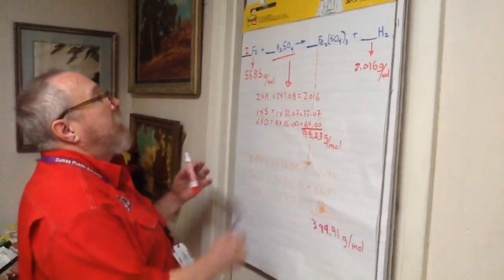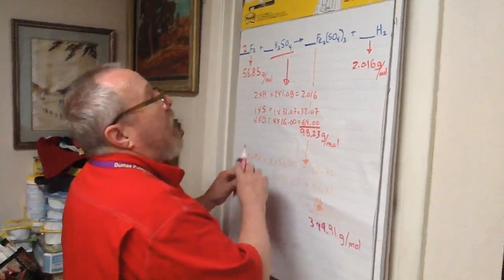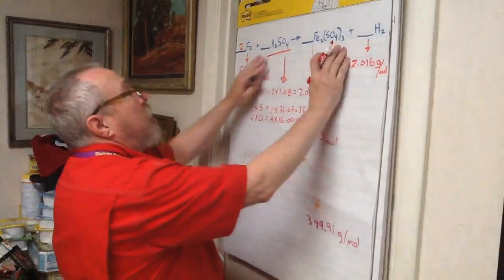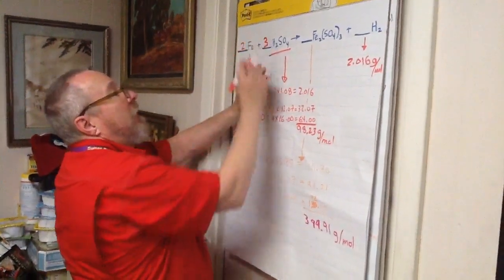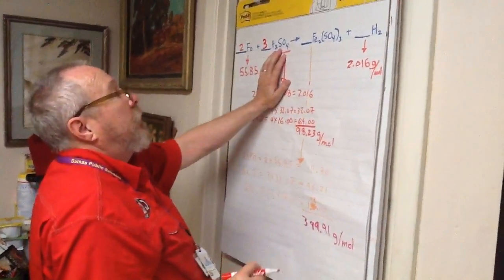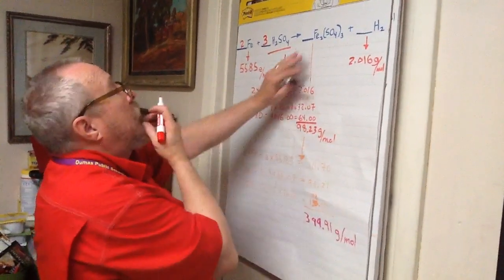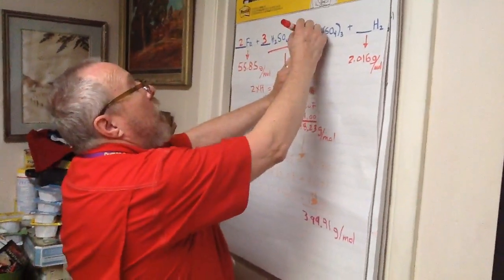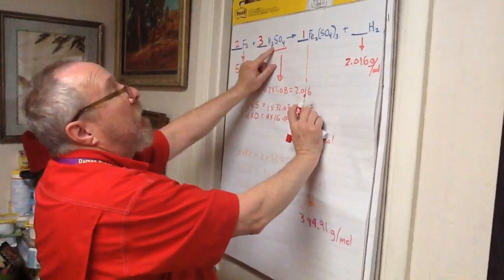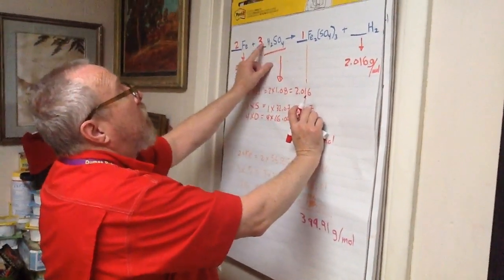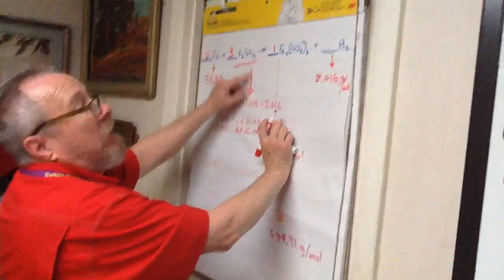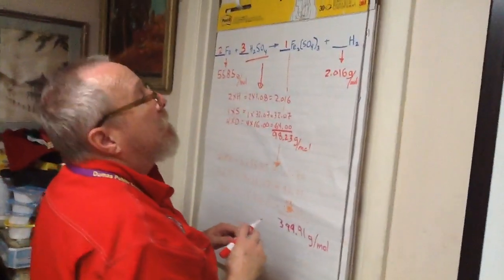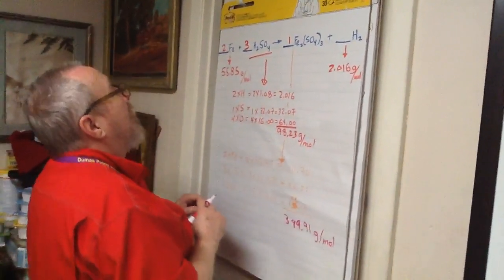So, but I knew that I need 3 of these sulfates, so let me try 3 of those sulfuric acids. Now that would result in 1 of these, but look what I have. 6 hydrogen atoms. But it wouldn't be 6, would it?